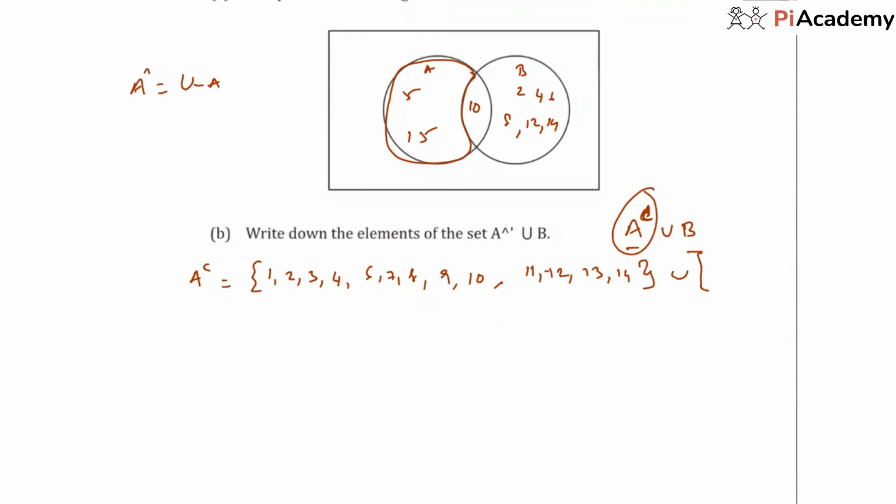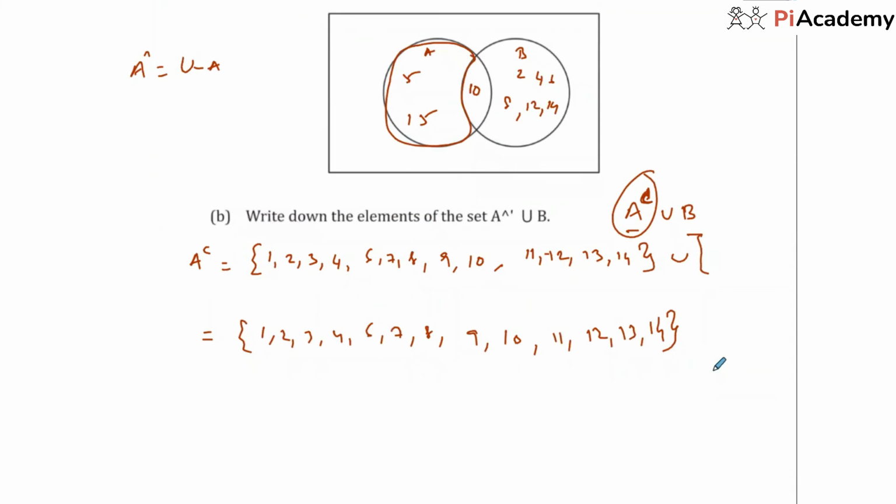So basically, you will get all these numbers: 1, 2, 3, 4, 6, 7, 8, 9, 10, 11, 12, 13, 14. Union means you write all the elements. So you first find A complement and then B, and then combine both sets, you get A complement union B. Make sense? Yes, sir. Wonderful. Good.